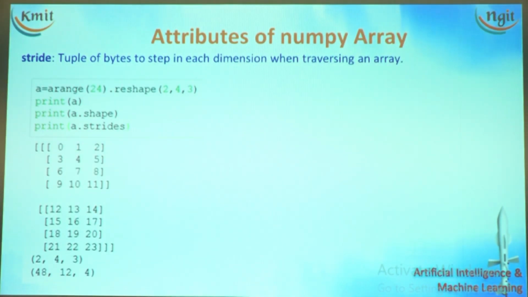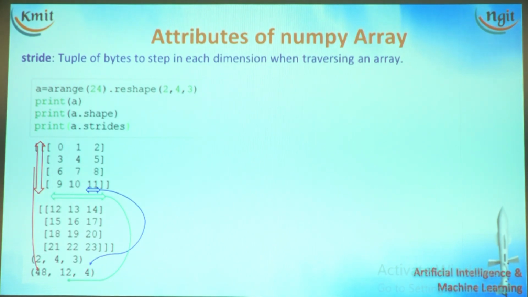So just see here, we have created a how many dimensional array, guys? 3-dimensional array of size 2 by 4, right? So now you can see here, printing A I have done and then I have created shape for it and then I printed stride for it. Okay. So what is this stride telling you? So what is the answer for stride here? 48, 12 and 4.